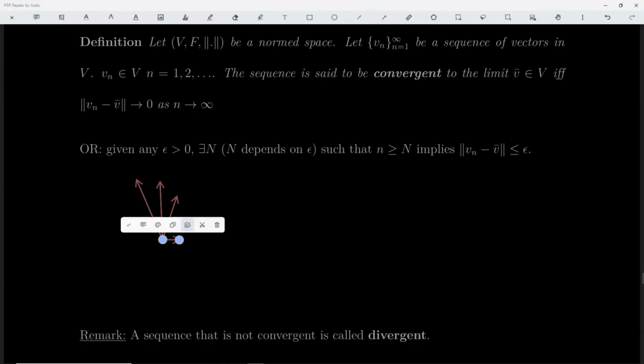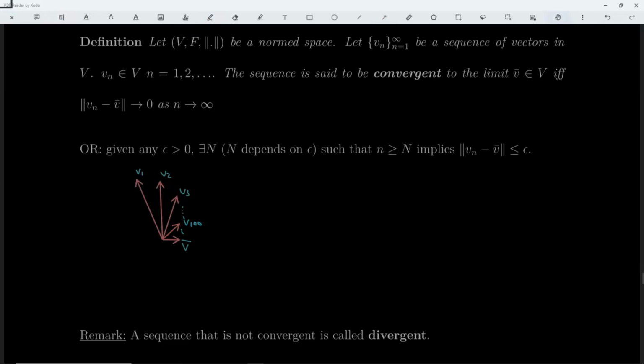Suppose this is V1, this is V2, let's say this is V3, and let's say this is V bar. And suppose this one is V100, for example, and we continue like this.